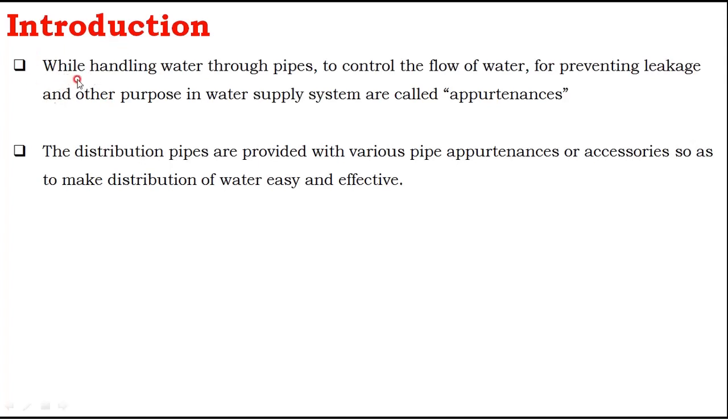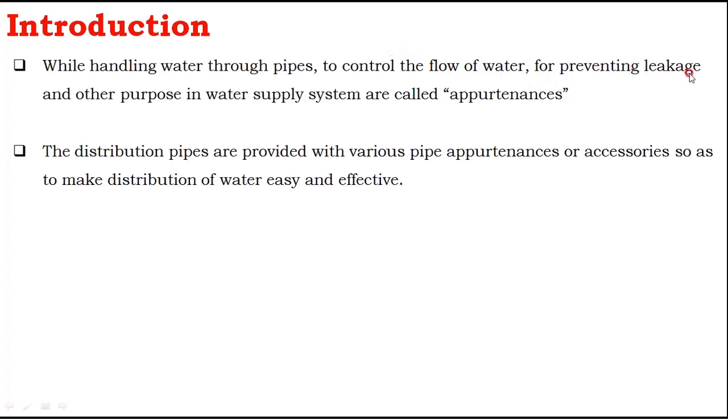Introduction. While handling water through pipes, we need to control the flow of water. To control the flow of water means what? It might be direction, velocity, discharge, or pressure. That is the control of the flow of water.